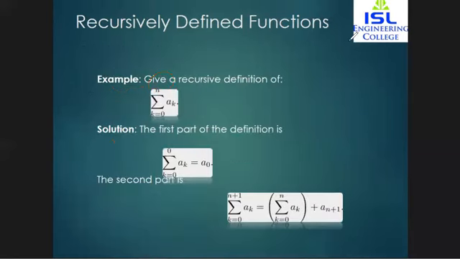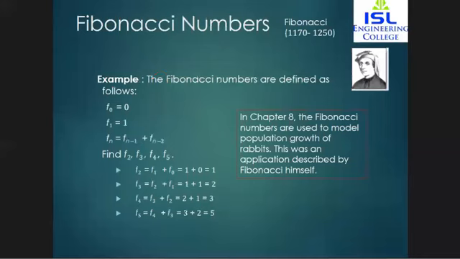Now we have given a recursive definition. The first part of the definition will give you the value for a0, while the next part will give you the value for a(n+1). After that, we have seen the Fibonacci numbers, where F0 and F1 are given.